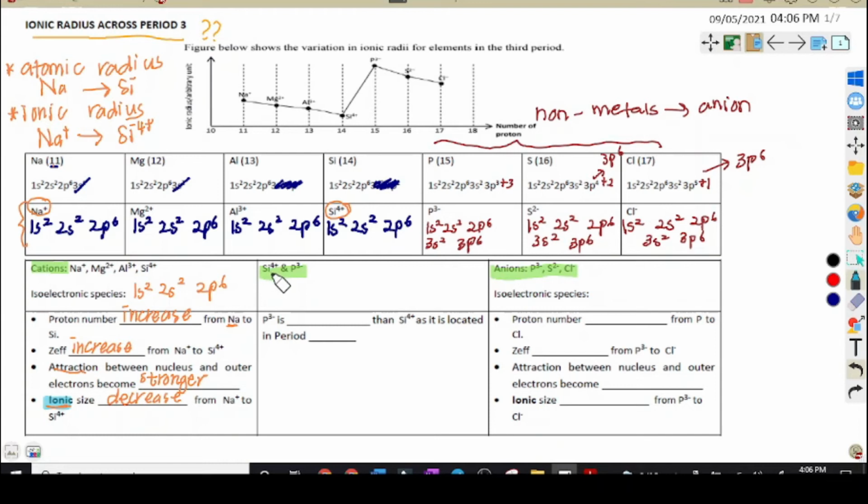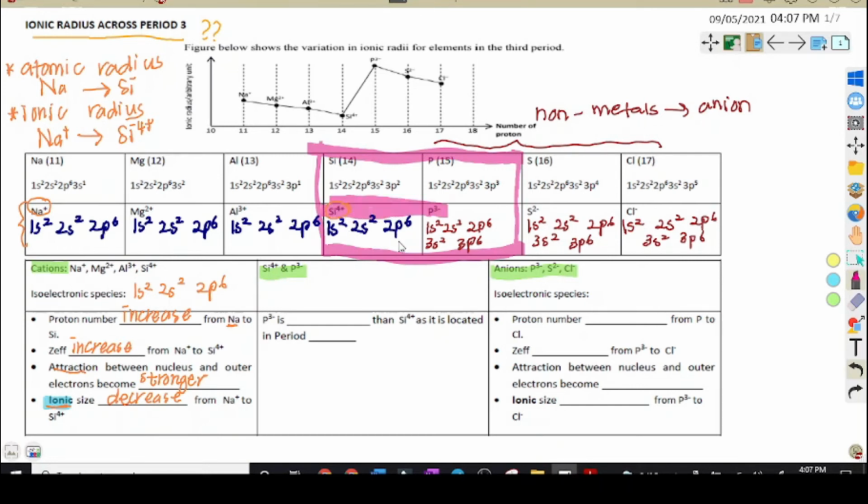For the difference between Si4+ and P3-, let's take a look at the difference between Si4+ and P3-. Okay, remember that we're comparing the ion forms, right? So we're going to highlight this.